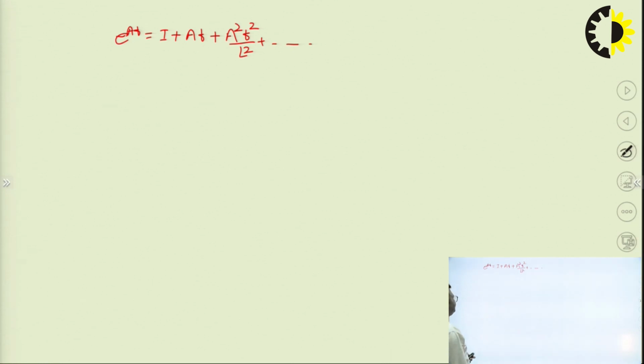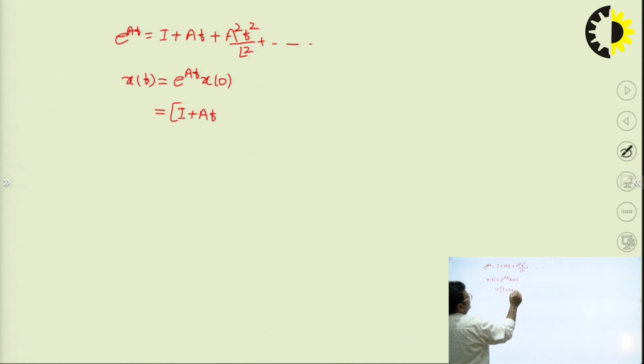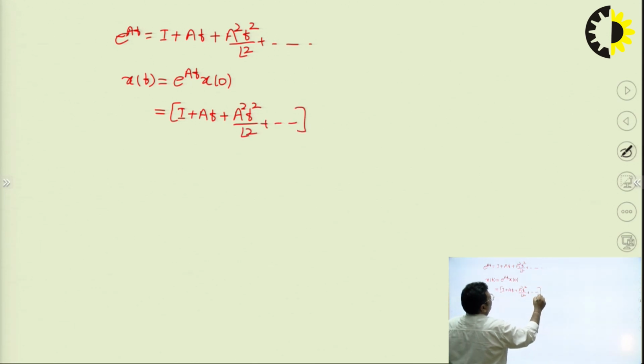Now the solution that we have assumed is x(t) is equal to e to the power At into x naught. If I put the value of e to the power At in this equation, then it will be I plus At plus A square t square by factorial 2 and so on, into x naught. This is x(t).